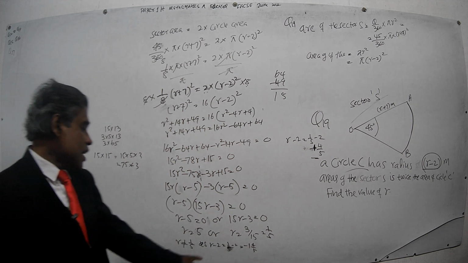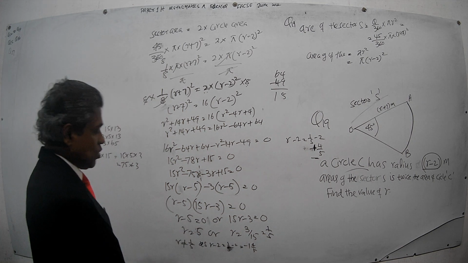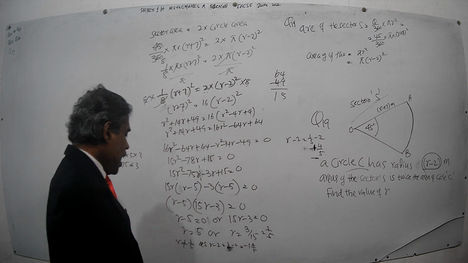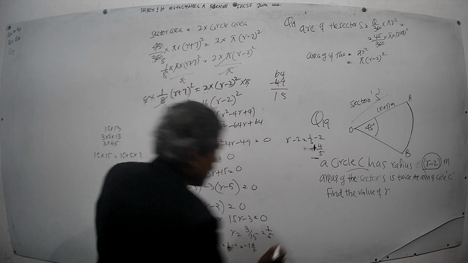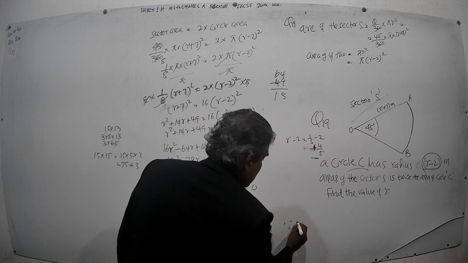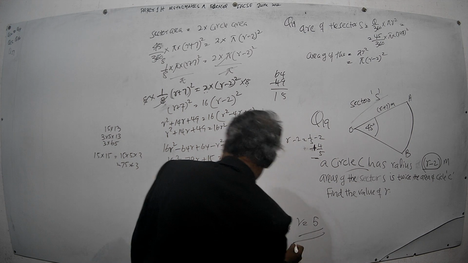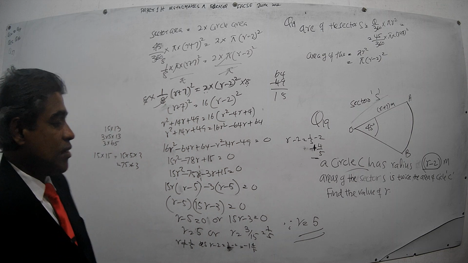Therefore this cannot be used because the radius cannot be negative. Therefore, r equals how much? r equals 5. That is the r value.